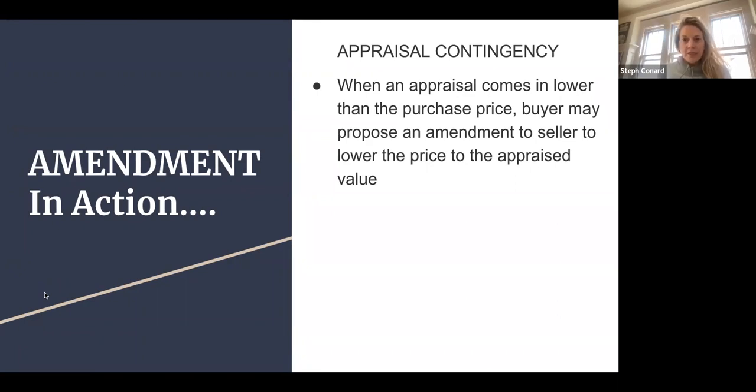So amendment in action, the appraisal contingency. So when an appraisal comes in lower than the purchase price, the buyer may want to propose an amendment to the seller to lower the purchase price to the appraised value.